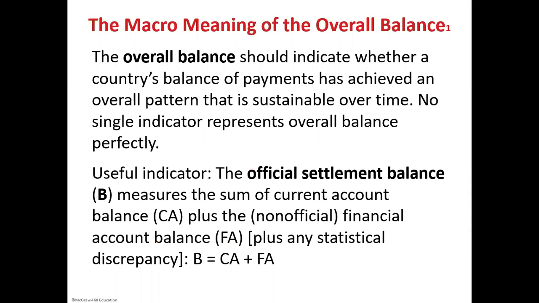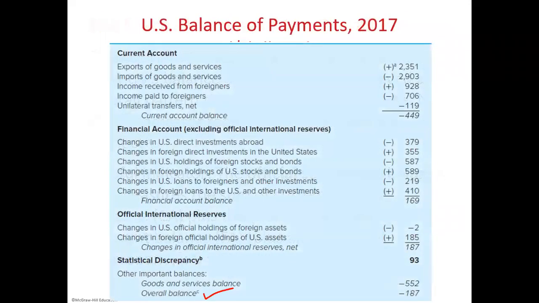Okay. In addition to this, there is another measure for the overall balance that is often used. That is the idea of the official settlement balance. The term is the official settlement balance. Okay. So let me show you what this is.